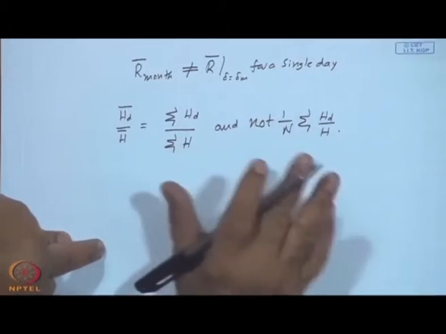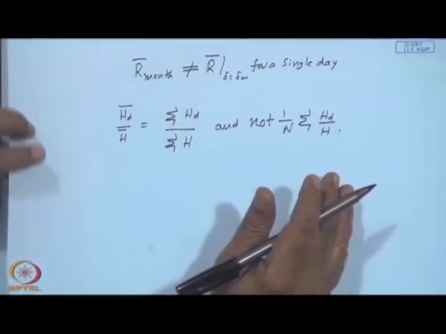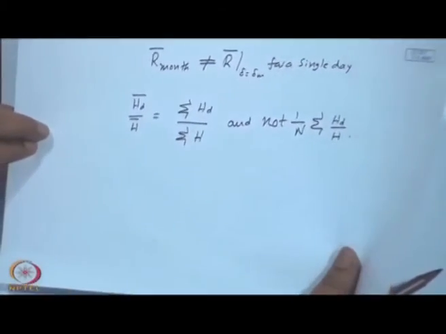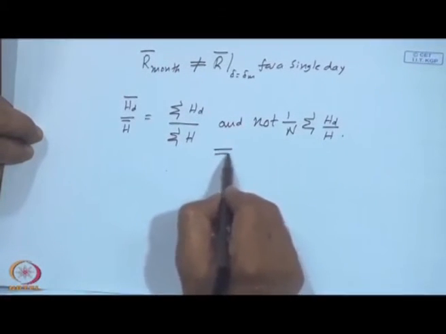Even if it fortuitously coincides, there is no need for it. If numerically equal K_T and K_T bar values are there, H_d by H will not be equal to H_d bar by H bar. This is sort of a mathematical reason.